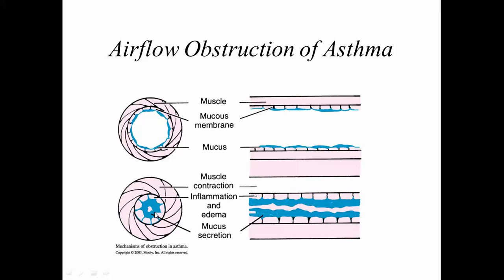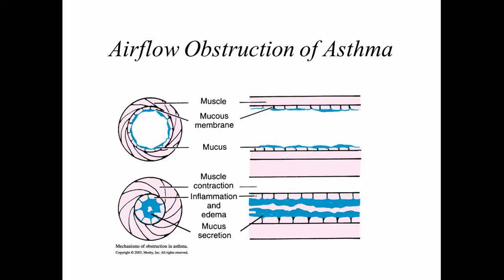So you can see that the airway has gone from being wide open where the air can move out easily to a very small opening, where the air has difficulty. The airway is smaller, so less air is flowing through that airway.